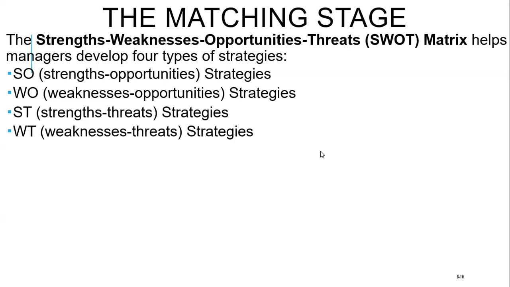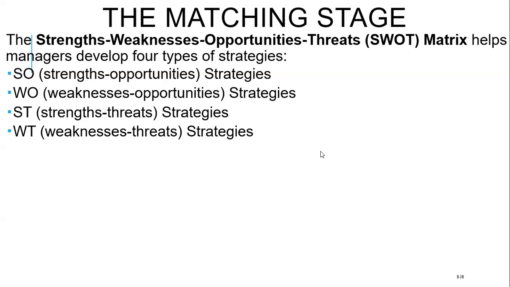And the last option that is likely to be generated from the SWOT matrix is the WT strategies, wherein the weaknesses of the organization are worked on in order to address plausible threats that the company faces.